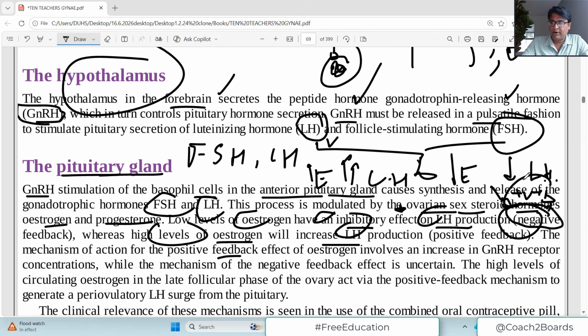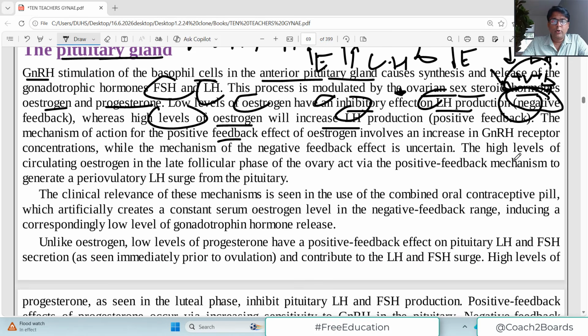Because from our understanding in physiology many students will be confused here, right? इसलिए मैं इसको थोड़ा सा बार बार explain कर रहा हूँ कि estrogen और luteinizing hormone go in the same direction, so perhaps the positive feedback terminology.